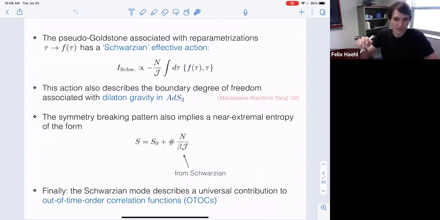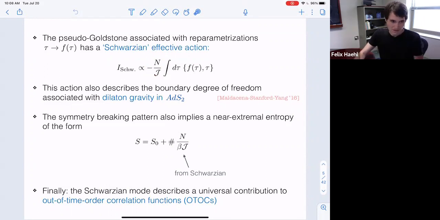Furthermore, it's also explicitly broken, because if you consider time reparametrizations around this saddle point, they are not quite a symmetry, and they become soft modes whose excitation costs action. And this action is the famous Schwarzian action, which is also SL(2,R) invariant, and describes the effective theory of those reparametrization pseudo-Goldstone modes.